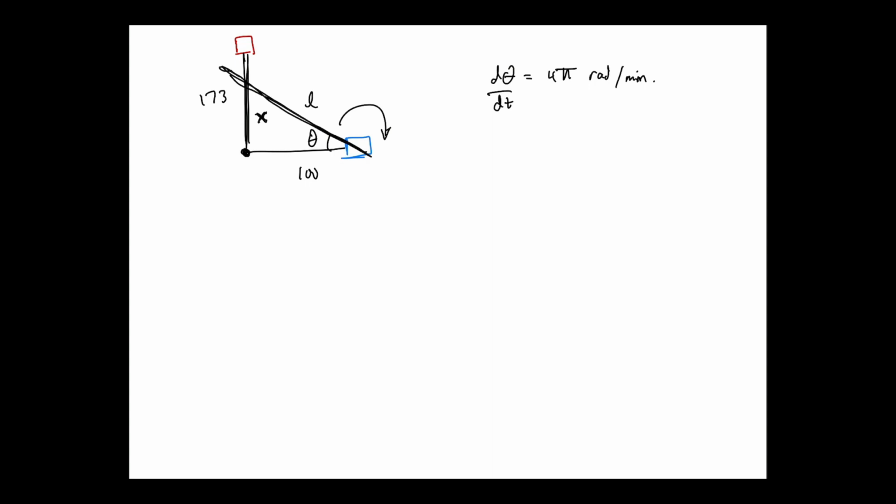Tangent is the one that I want. All right, so what is tangent of theta? X over 100, right. Opposite over adjacent. Okay, good. All right, so that's our key equation here.